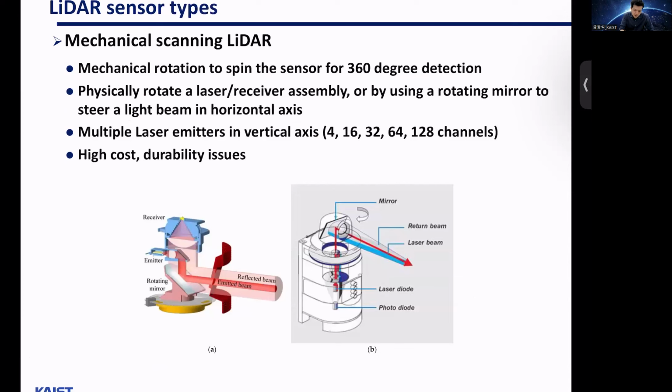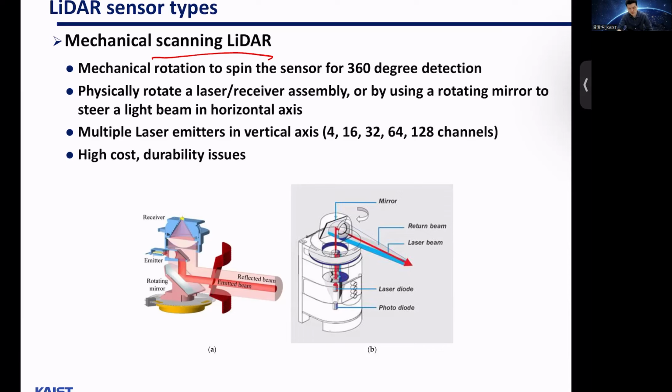And there are different types of LiDAR. The most widely used and popular LiDAR is the scanning LiDAR. There is a mechanical rotation to spin the sensor for 360-degree detection.